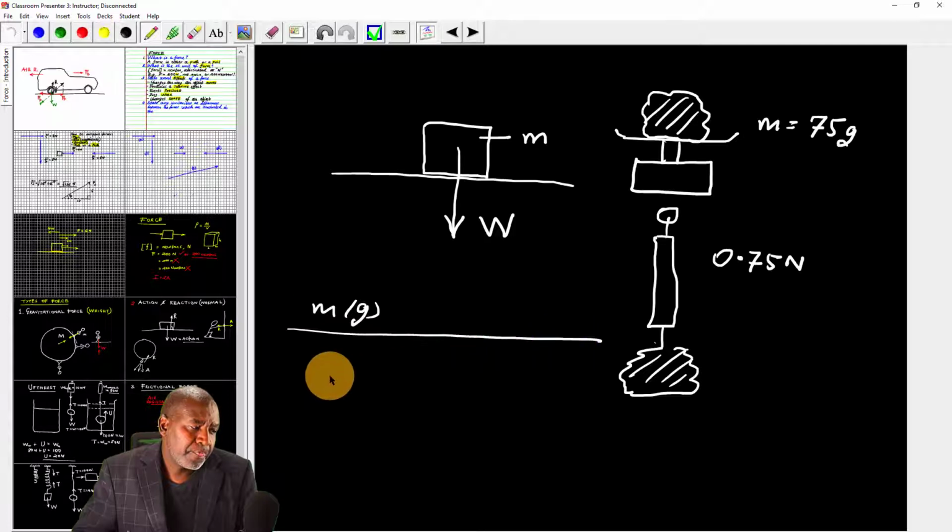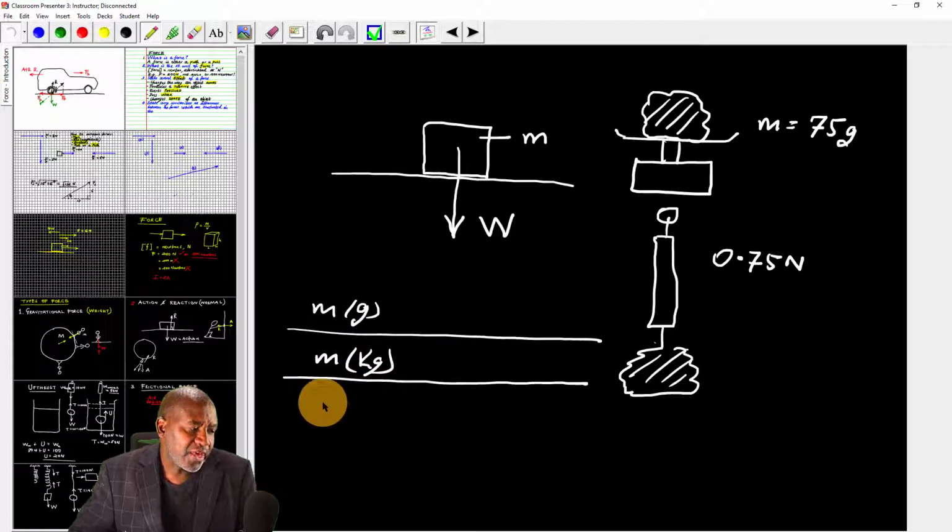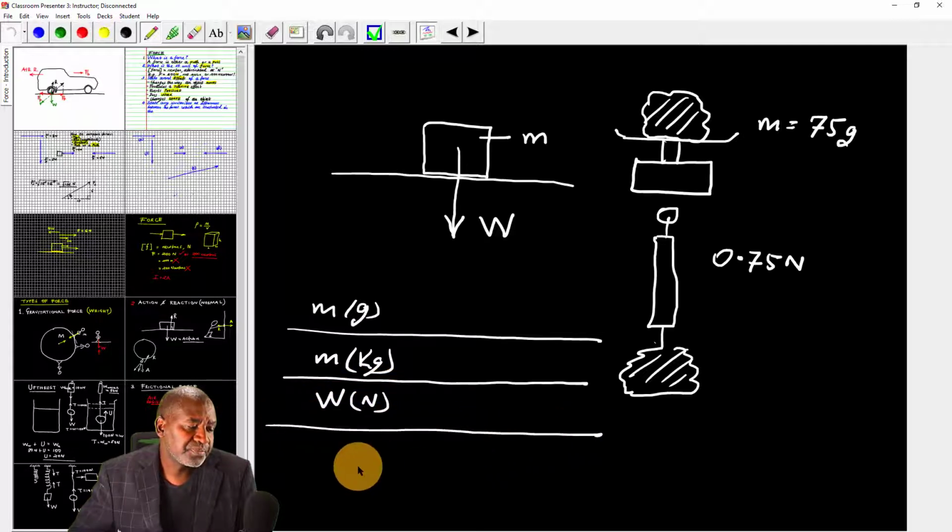Repeat this procedure with several objects, whereby you start by measuring the mass in grams, then you convert that mass in grams to mass in kilograms, and then measure the weight of the object using a spring balance in newtons. Then go ahead and calculate, divide that weight by the mass to get a new physical quantity which we call gravitational field strength.